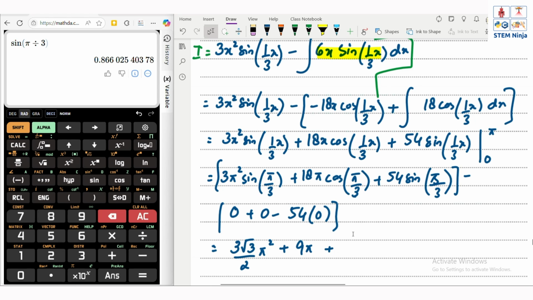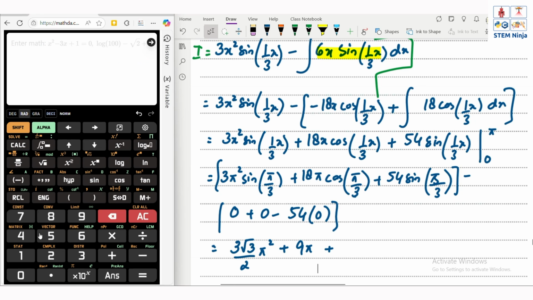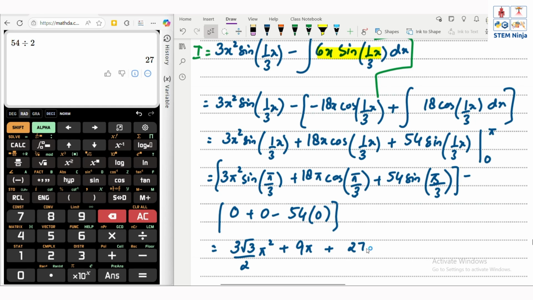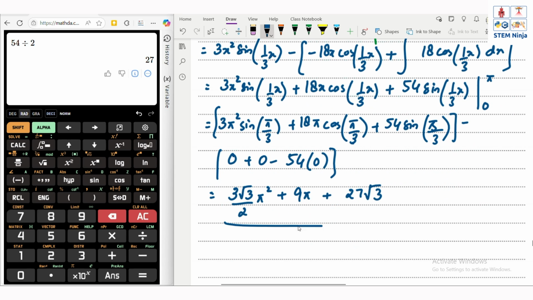And then you have 54 sine pi by 3. Again, sine pi by 3 is root 3 over 2. So 54 divided by 2 is 27. So 27 root 3. And that's it. So that's the final answer.